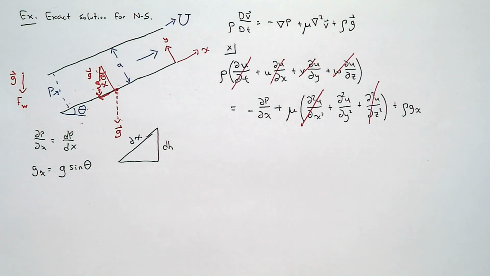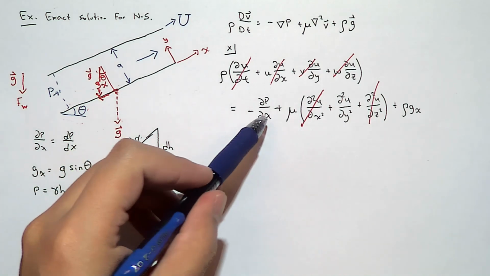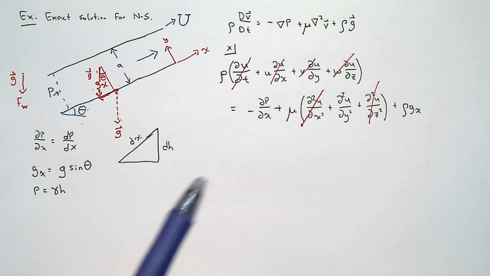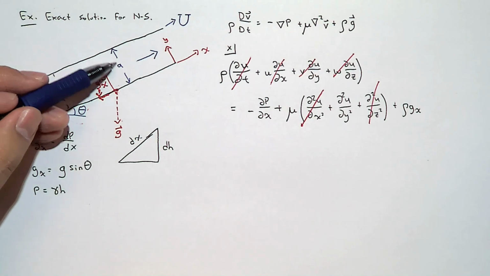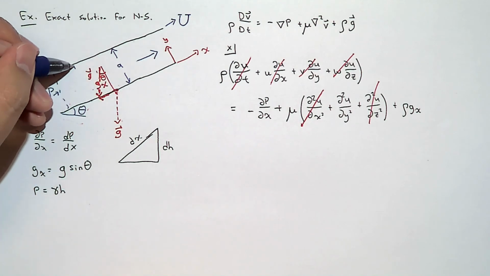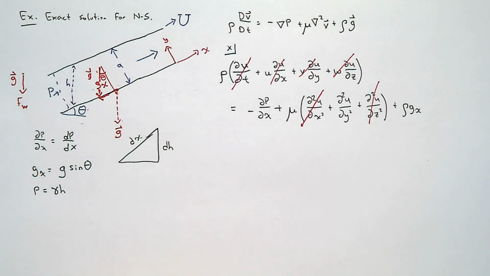And hydrostatic pressure, we know from our original fluids class, our first or second fluids class, was equal to gamma h. This hydrostatic pressure is not the same as this dynamic pressure. Let's keep that in mind. They're different pressures. But here, h is a depth, right? If h is a depth, then h cannot be this y coordinate. H has to be this vertical coordinate. So how do I relate h to x?